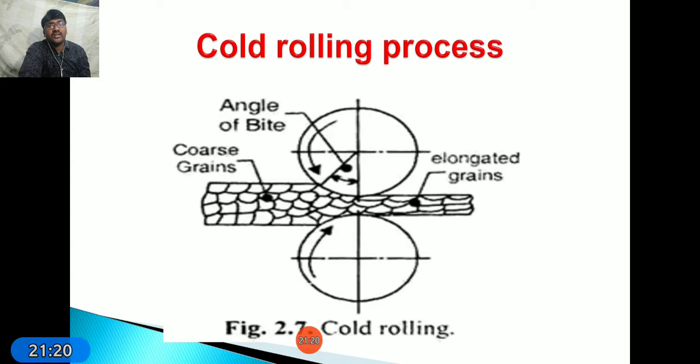All rollers and workpiece adjustments are the same as in the hot rolling process, but the main difference between hot rolling and cold rolling is that recrystallization of grains cannot occur in this process. Here the grains will be elongated, that is, their size and shape will be changed.